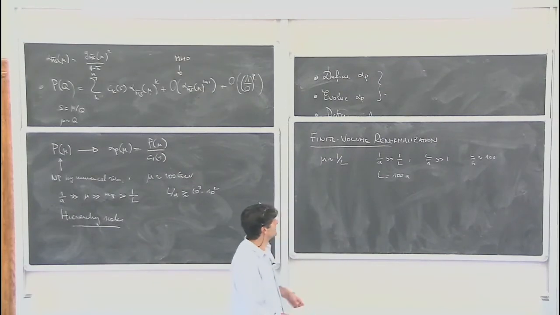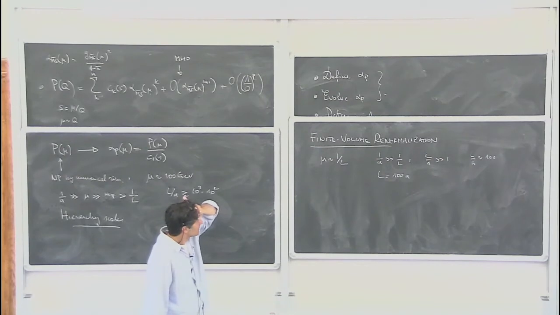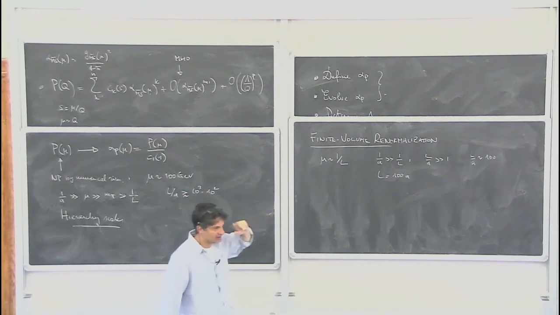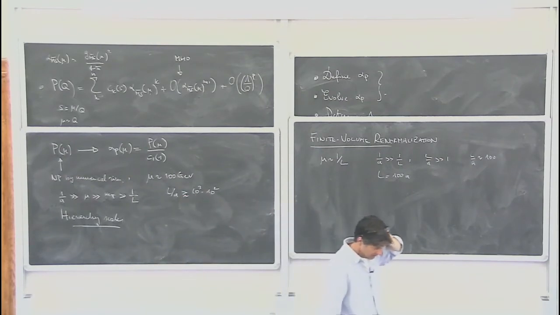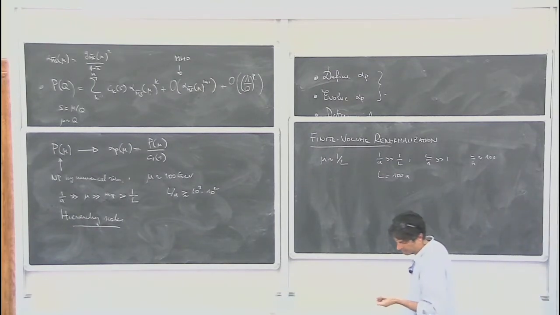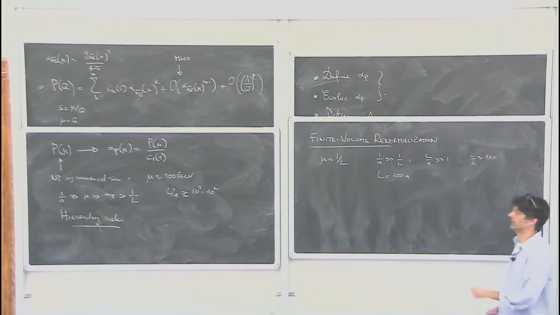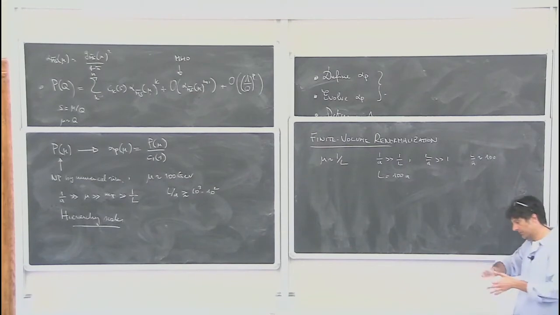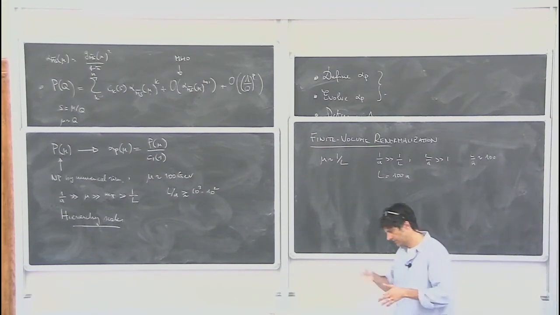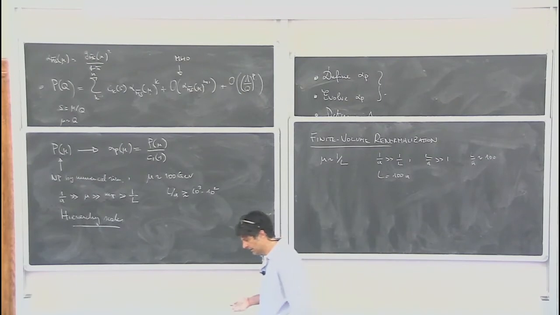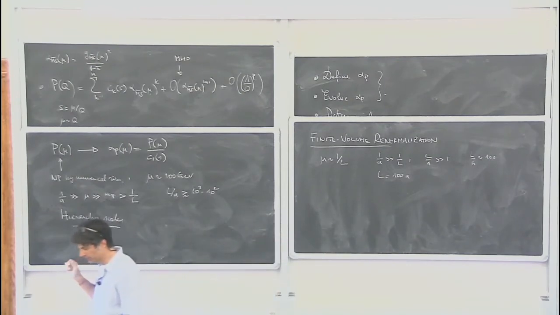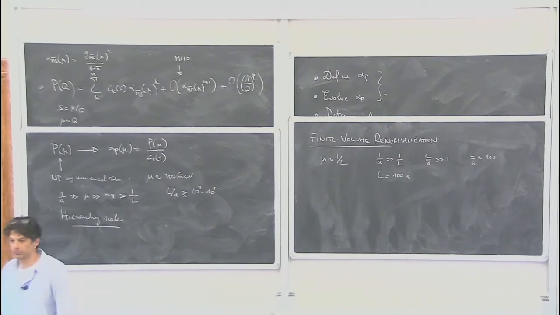There are many ways of putting the theory in a finite box, and if you're not planning to go to the thermodynamical limit, you need to specify the boundary conditions, and there are many ways of choosing them. Periodic boundary conditions are very useful when you look at the spectrum, because they give you translation invariance and everything, but they are a very bad idea if you want to connect to perturbation theory.